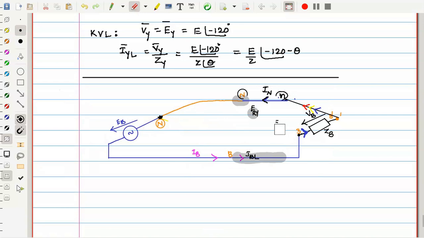Then think of again the KVL, etc., all those things, and try to write down the equations. So let me write directly here.